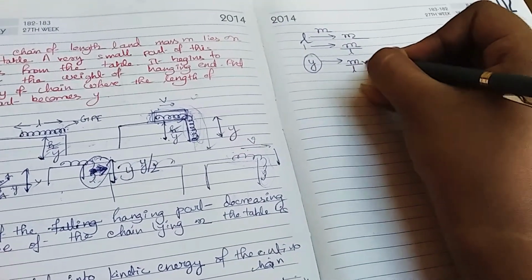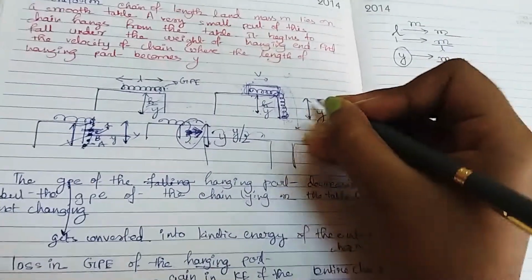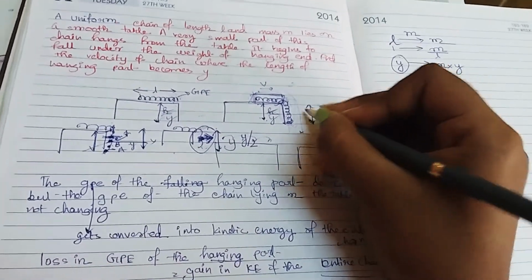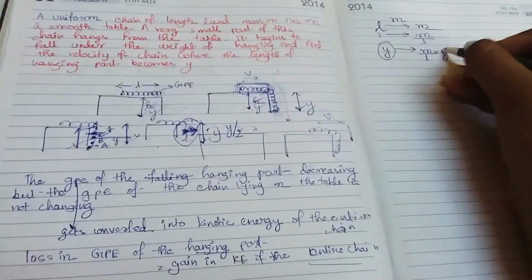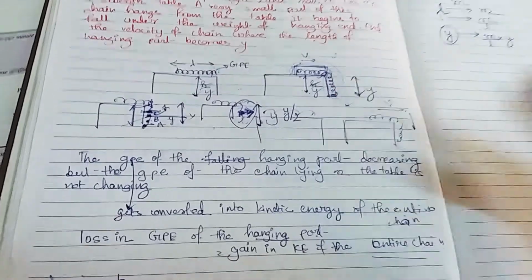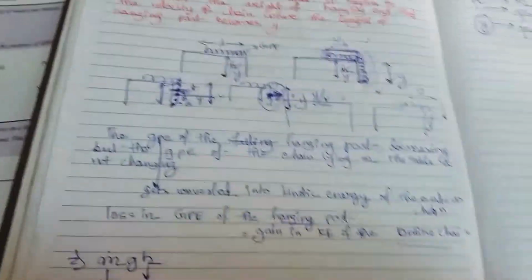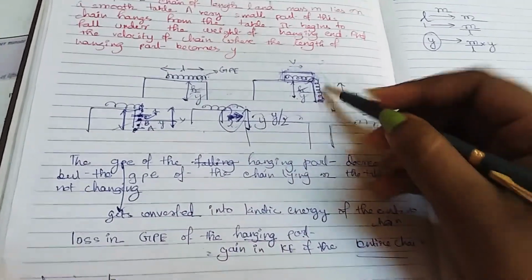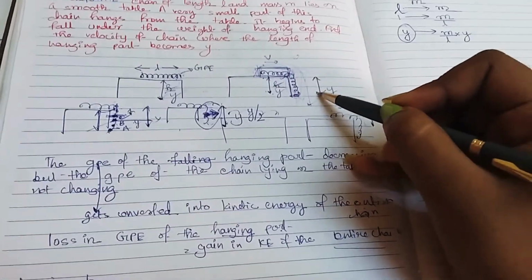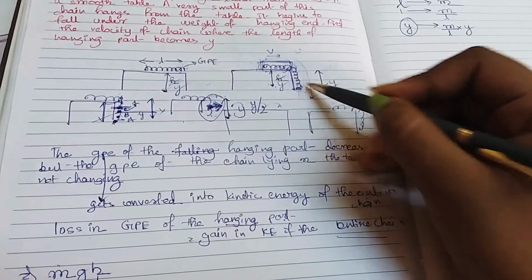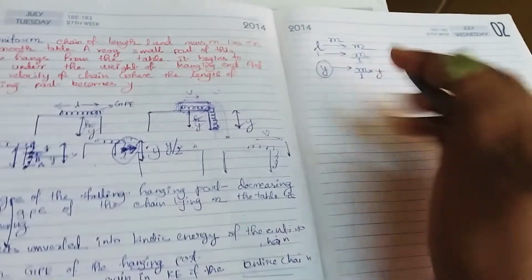M by L into y. Because this is the y length, it will be multiplied by y, since you have to find the mass of the hanging part. The mass of the hanging part will be different from the mass of the entire chain, because the length of the hanging part is y.